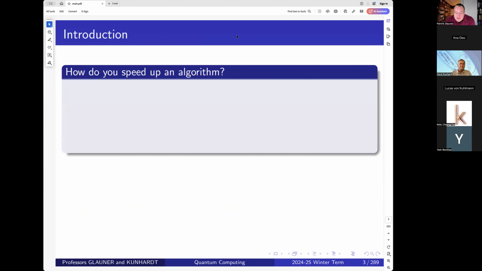And the key question is, how do you speed up an algorithm? So when you study courses like algorithms and data structures, it's all about finding efficient algorithms. And that's actually what we do in most of computer science. If we can compute something, we want to compute it efficiently.